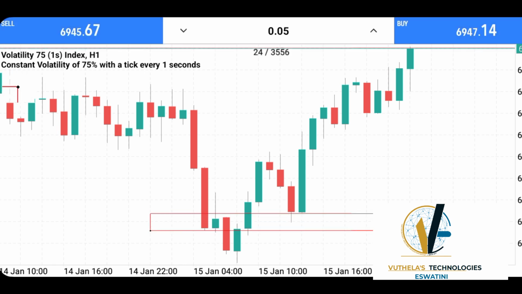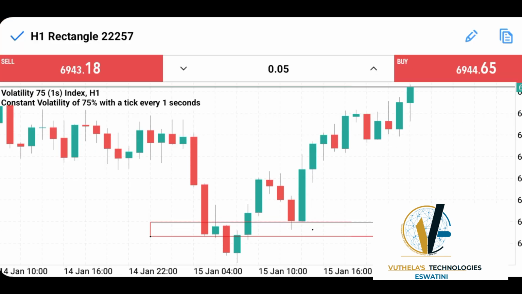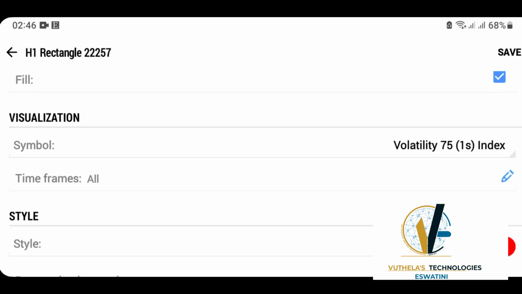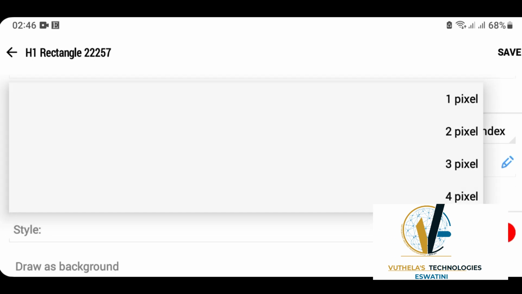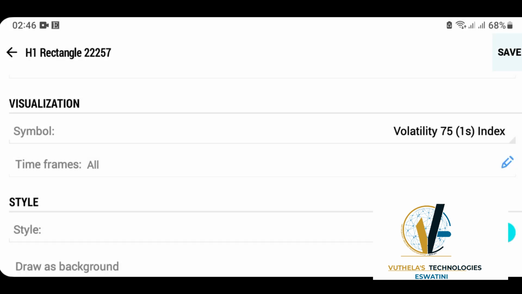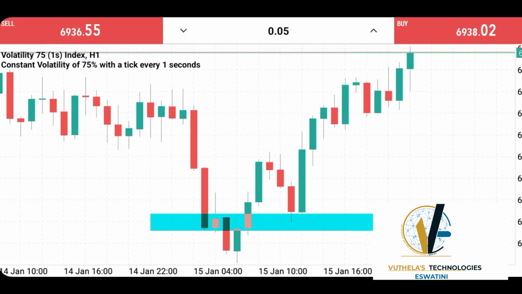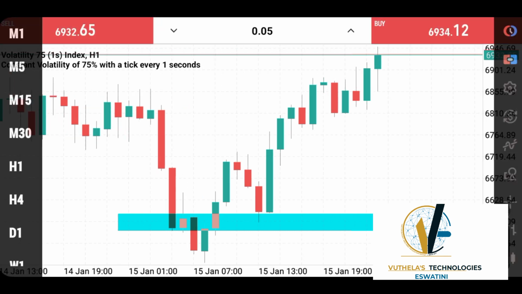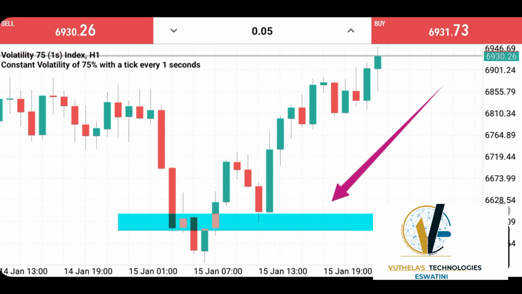It has a bigger picture on the market, not just a line. Okay, so let me show you a zone. Let's make it this color. This is a zone. Here we will say this is a supply zone, and this is a supply zone, and this is a demand zone on top.